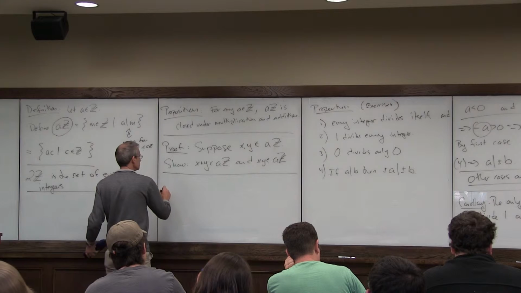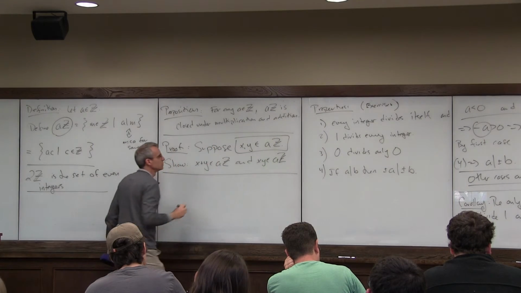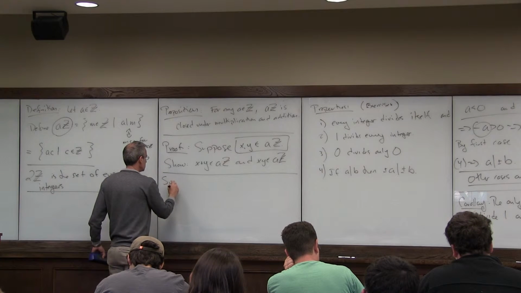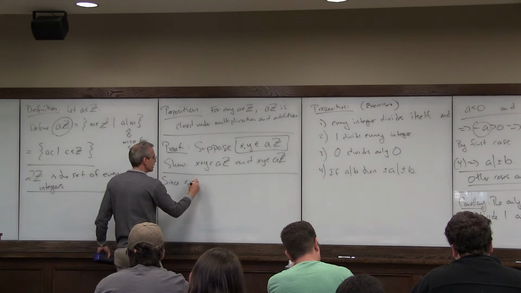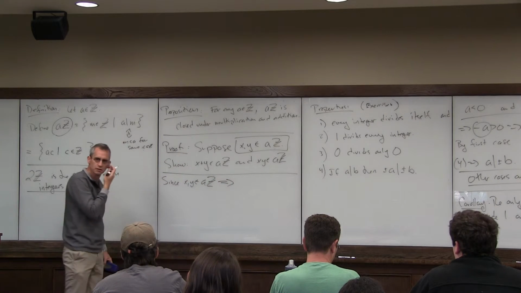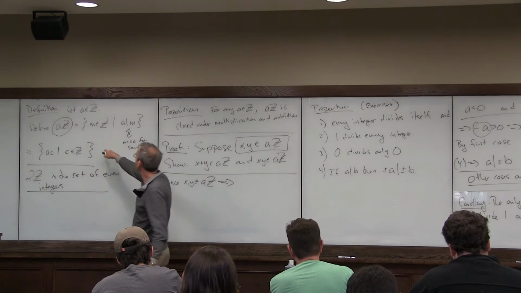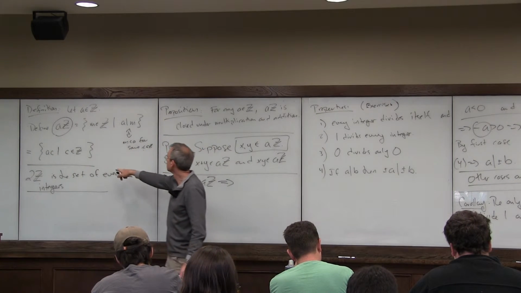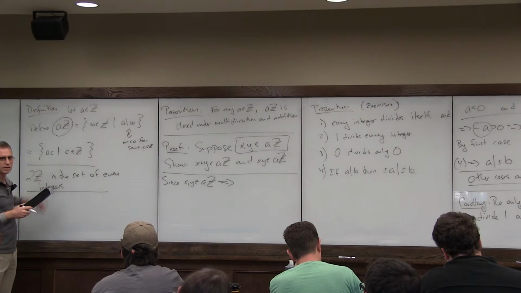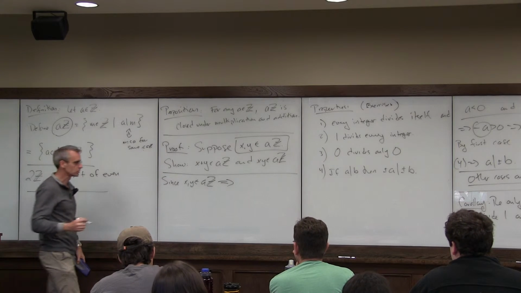So, let's start with what it actually means to be in there. Since x and y are in AZ, what does that tell us? Here's our definition right there. So we can use this or we can use this. It's a little easier to just jump to that. So what does x look like?